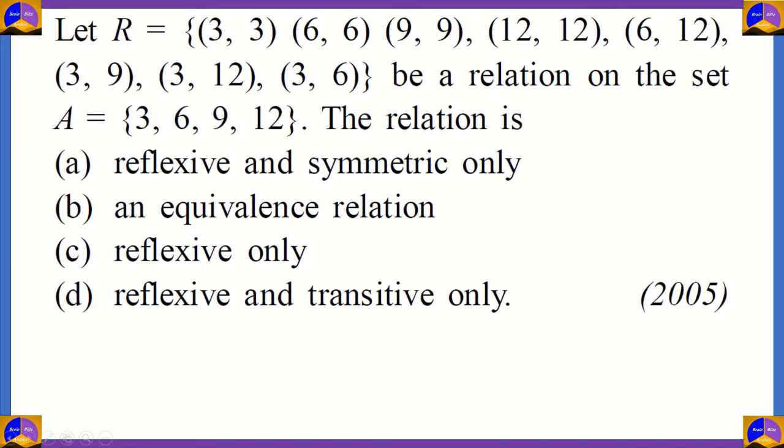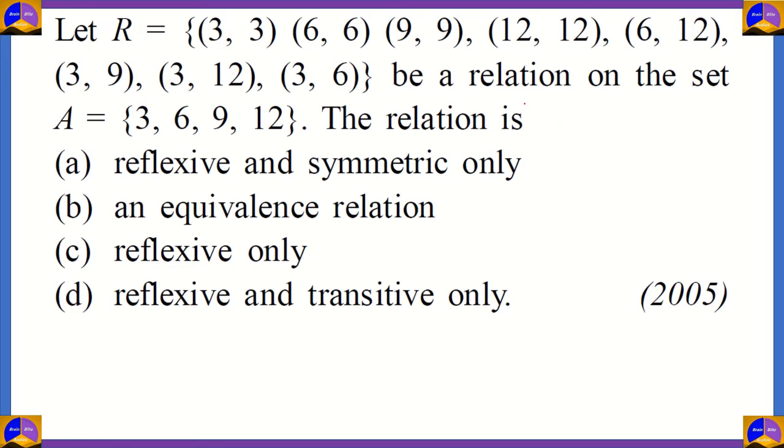Let's look at this question. Let R be the relation, written as a set: {(3,3), (6,6), (9,9), (12,12), (6,12), (3,9), (3,12), (3,6)}. This is a relation on the set A equals {3, 6, 9, 12}.